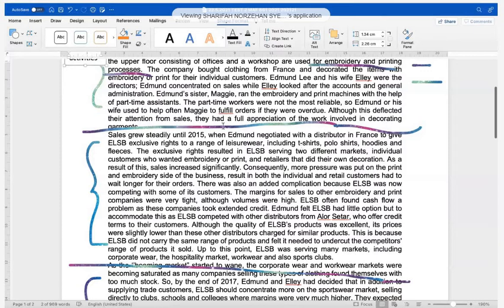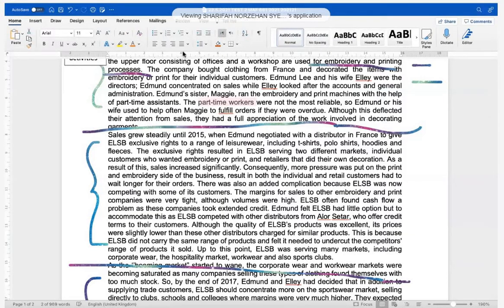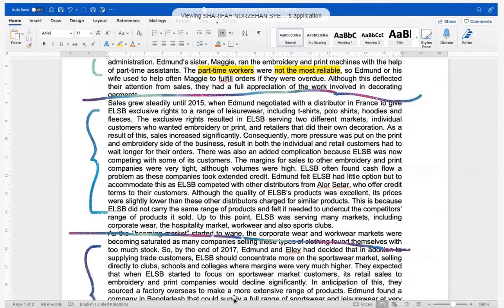This particular issue is that they're talking about unreliable workers. Why do you think this is an issue? That can also be an issue.